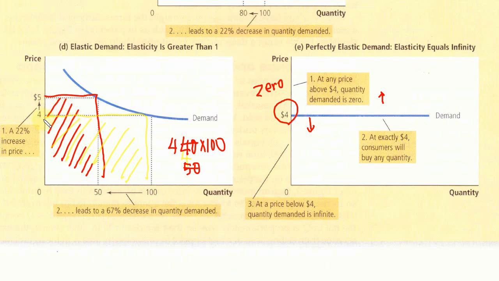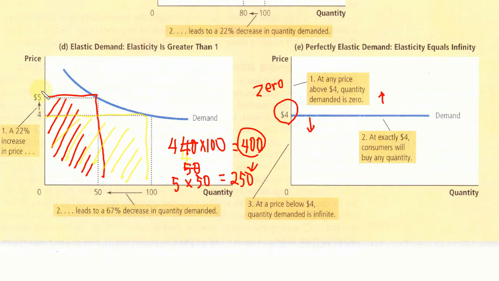We have increased the price, and then 5 times 50 is 250, while this is 400. So the revenue is reduced from 400 to 250.